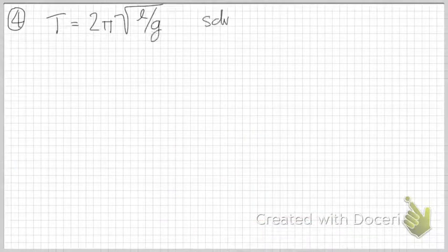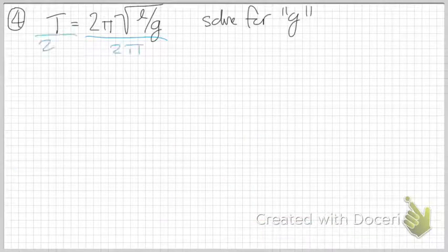Number 4 example. Now this one we're looking for little g. This equation you might remember from last year maybe, but it looks like I have a typo there, looks like I need a 2 pi. Let's throw that in there. Okay, I'm dividing both sides by 2 pi in order to begin to solve for g.